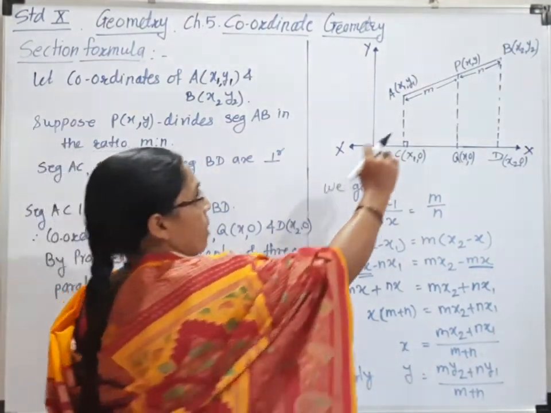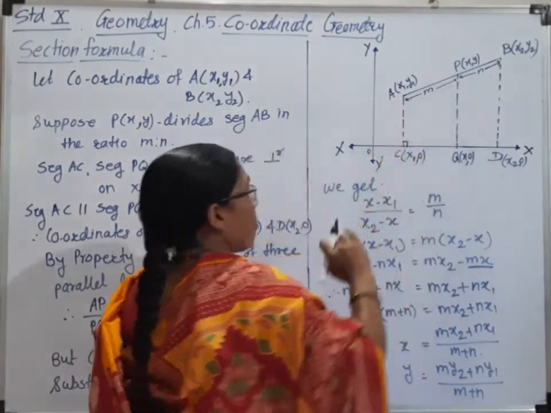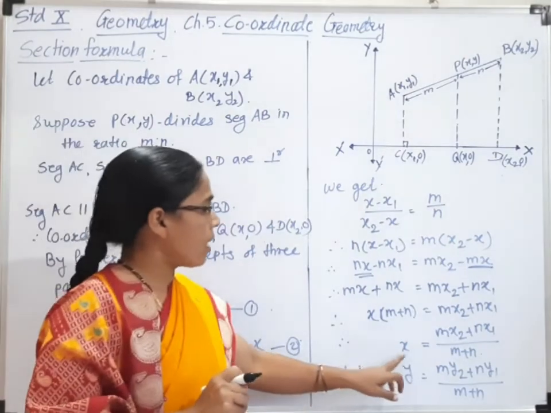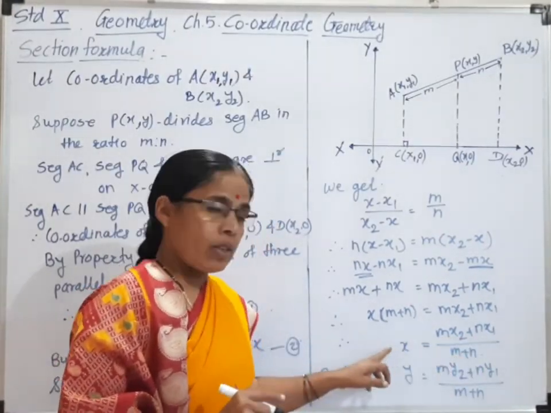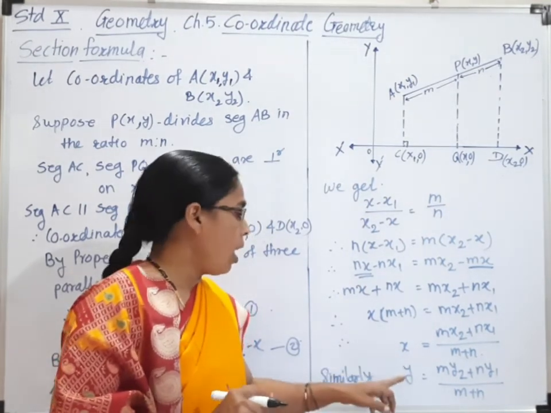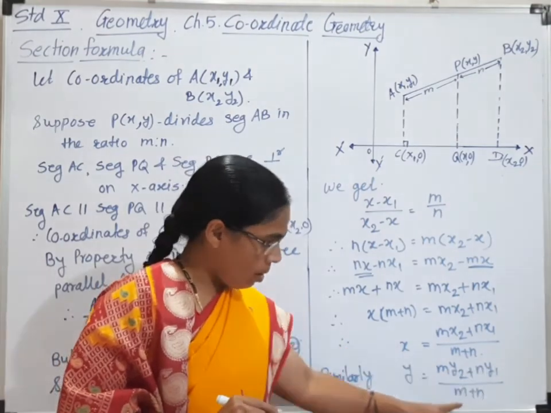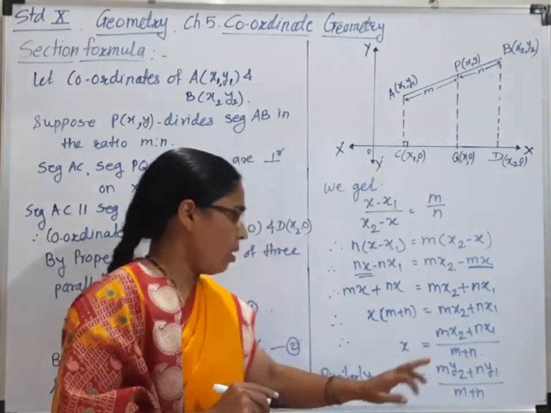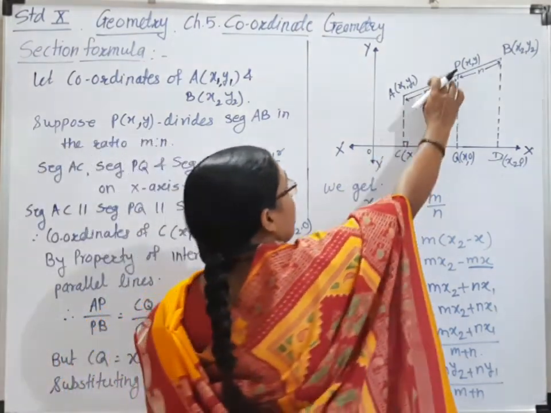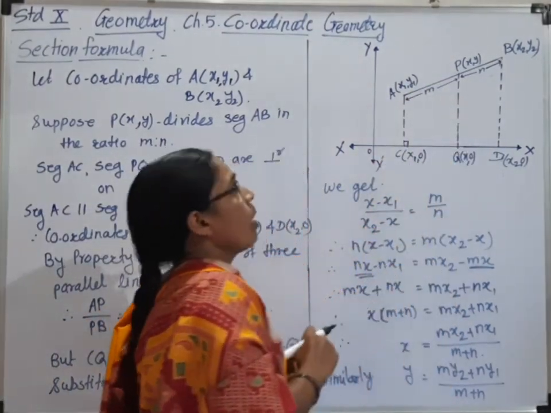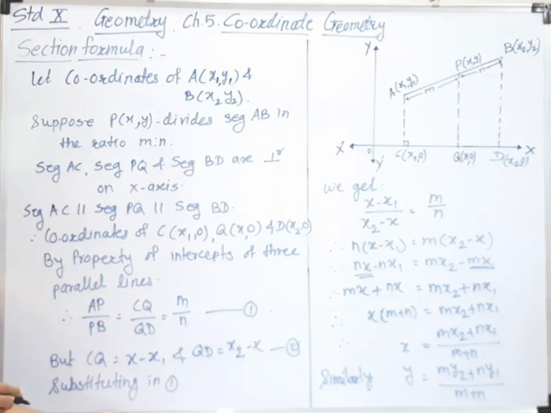Here the segment is divided into two sections in the ratio M is to N. That's why x is equal to Mx2 plus Nx1 upon M plus N, which is the x coordinate, and y is equal to My2 plus Ny1 upon M plus N, which is the y coordinate. These are the coordinates of the point P which divides the segment AB in the ratio M is to N, and this is called the section formula.